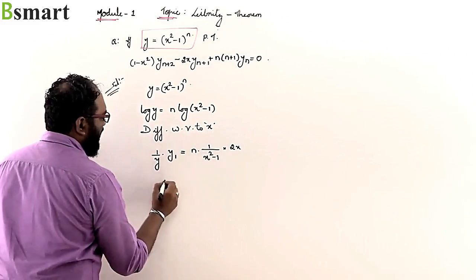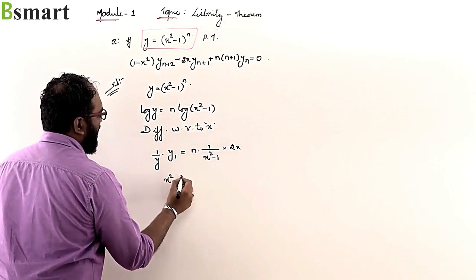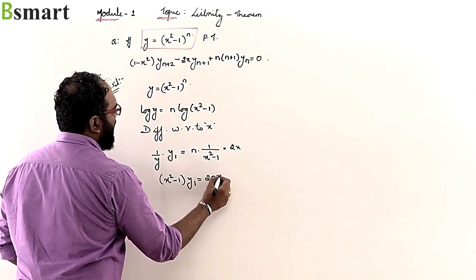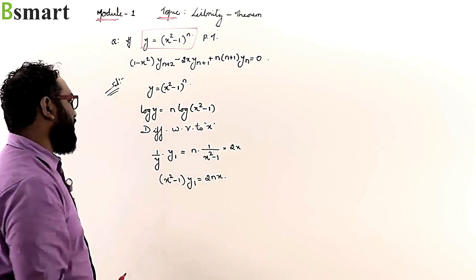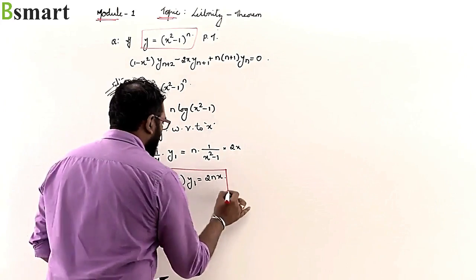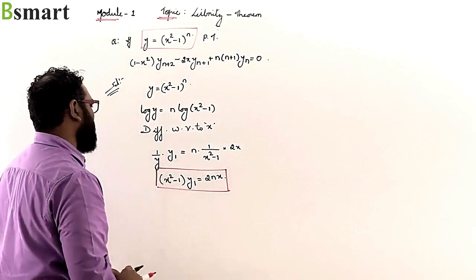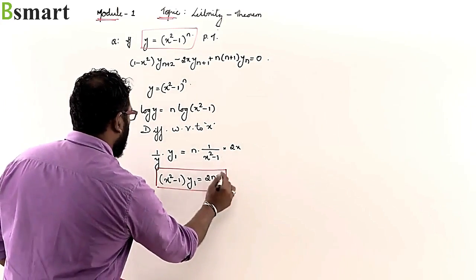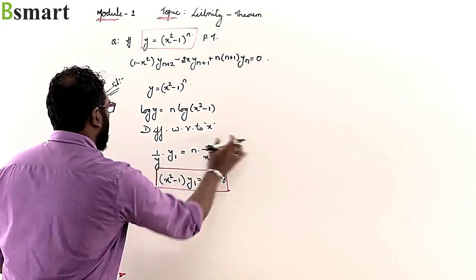If I rewrite these terms, that is (x² − 1) y₁ = 2nxy. Let us keep this value aside. Now again let's differentiate this with respect to x, with 2nxy, where we brought this y to this side.